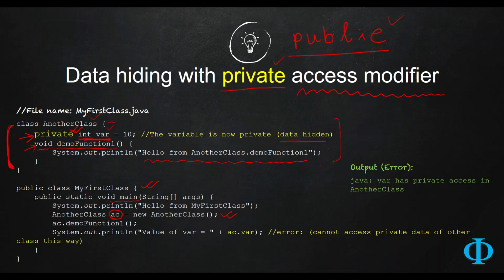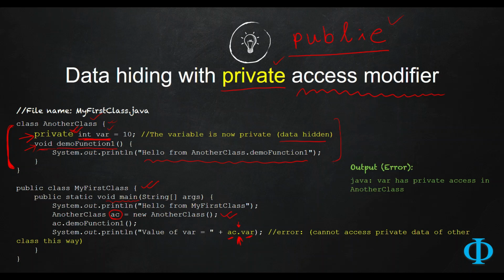And if you can remember the access mechanism of a variable or a method, we have used a dot operator like this to access a member inside a class. So the object name followed by this dot operator followed by the member name.